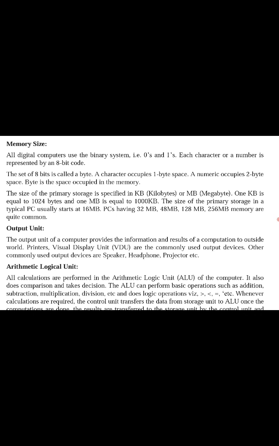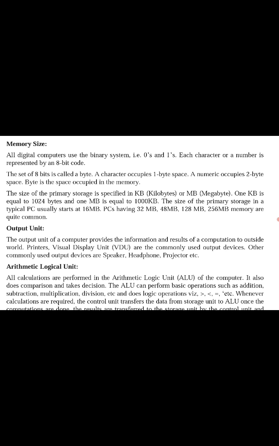While the current is on, it is represented as 0, whereas while the current is not passed, it is represented as 1. In that way, data and information is represented using zeros and ones, or the binary system.